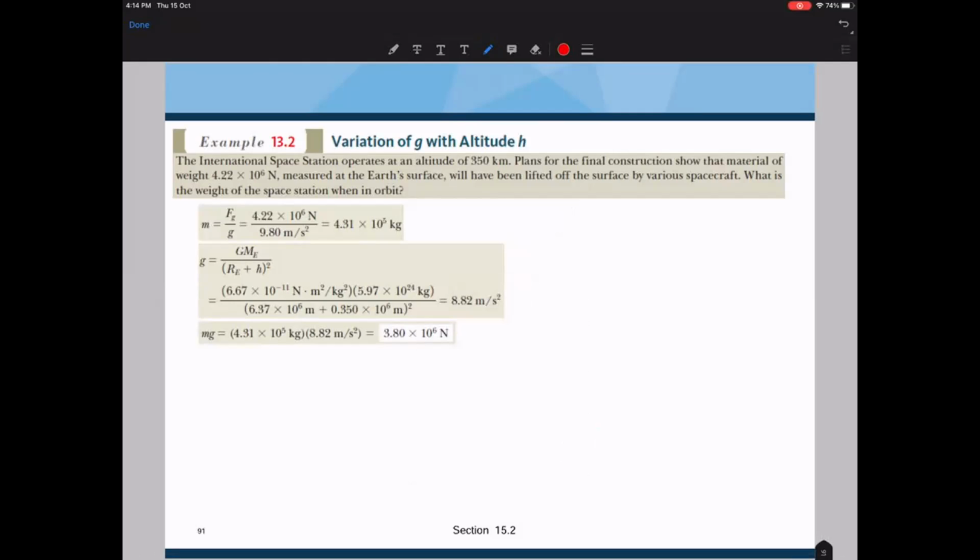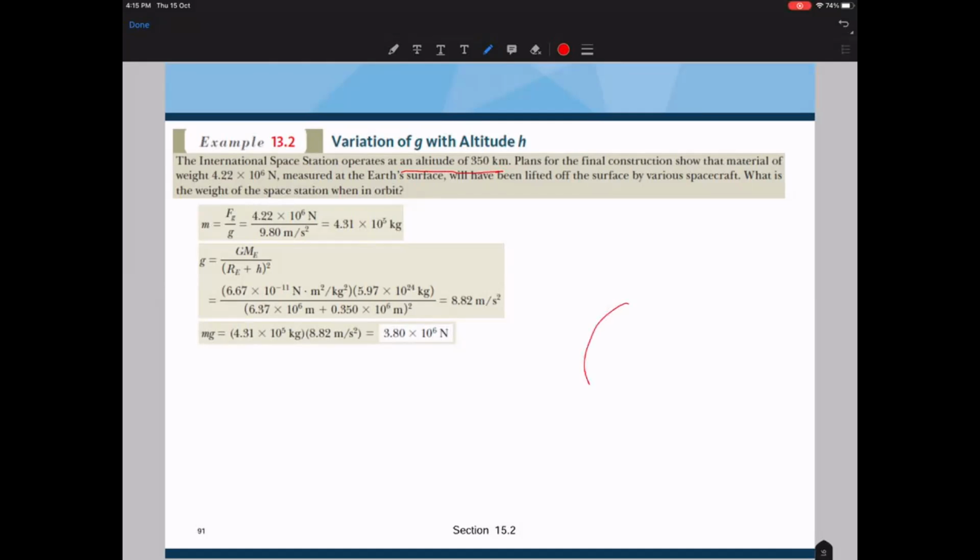Here we give you one or two examples related to the calculation of universal gravitation before we take a break. Here you have the space station at an altitude of 350 kilometers.